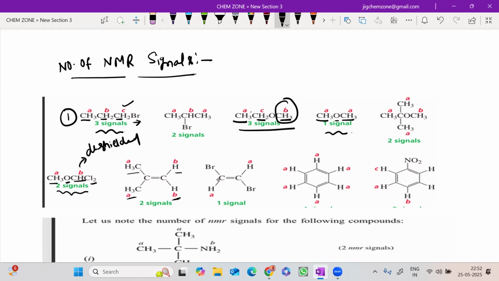Now let's move further. These two are magnetically same nuclei, hence produce one signal.